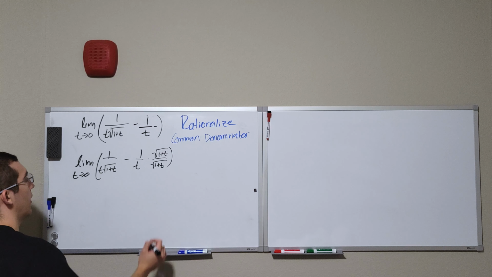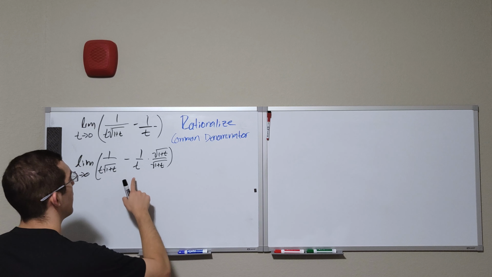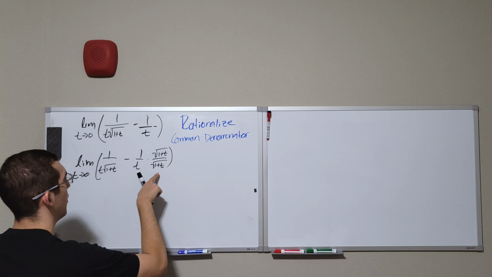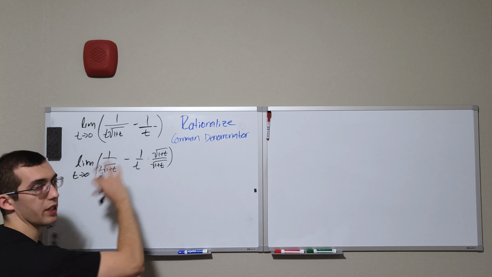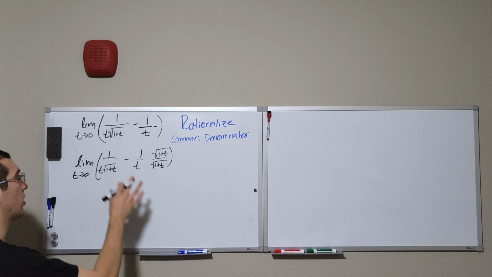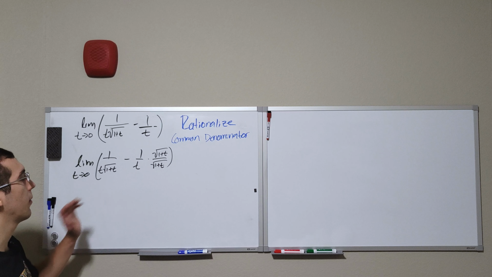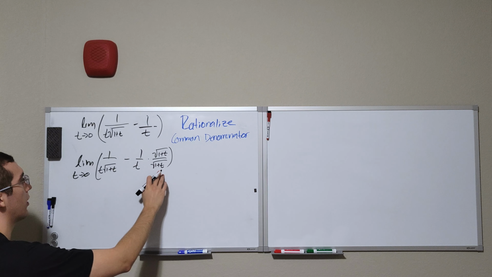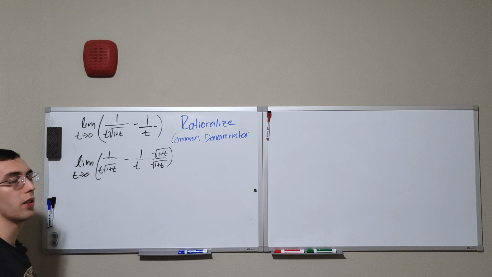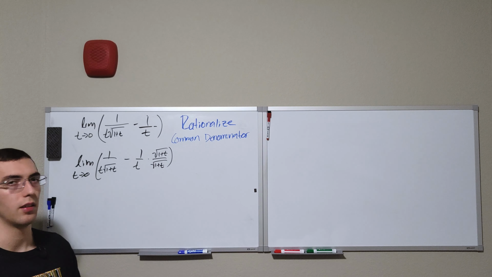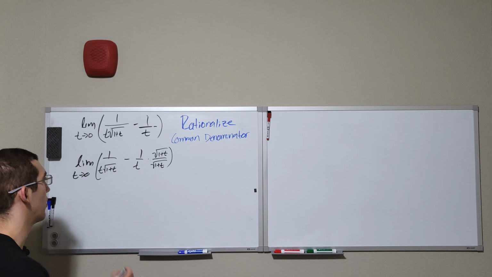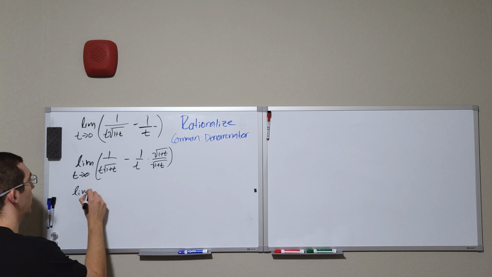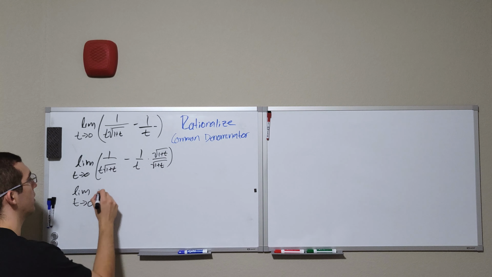And then what we can do here is distribute it out and rewrite the function, now that we have multiplied it by this factor, into just one single fraction instead of two different fractions.